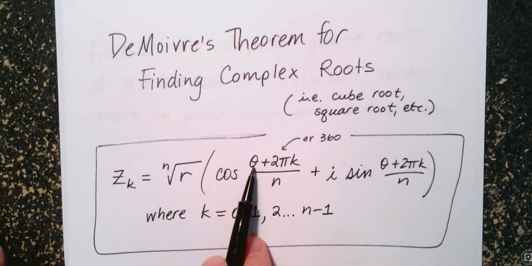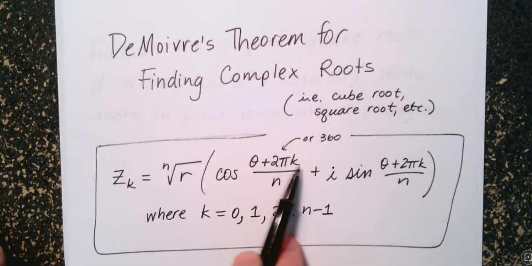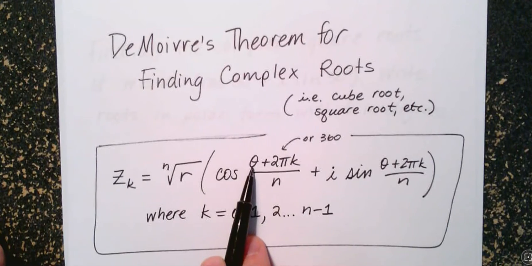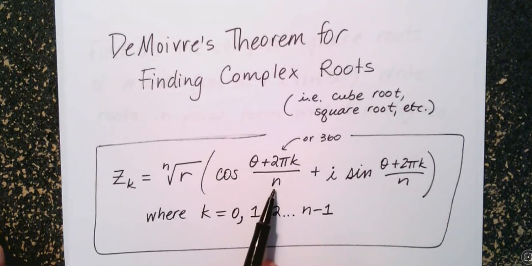So the very first one, you're going to just add nothing, because times 0 is just going to give you 0. So you're going to take your angle, and then you're going to divide it by whatever root you're working with. Square root, you divide by 2. Cube root, you divide by 3. Fourth root, you divide by 4, and so on.